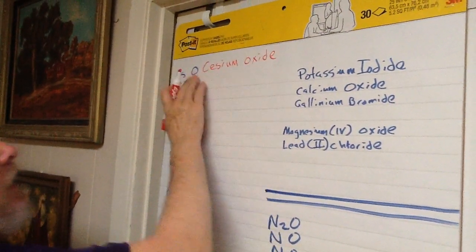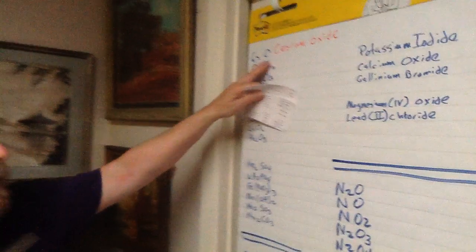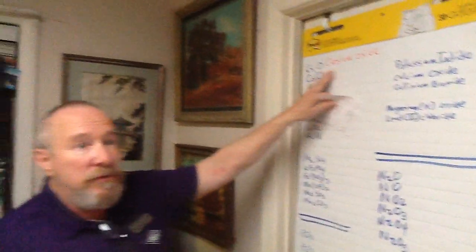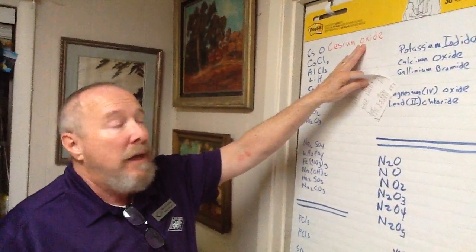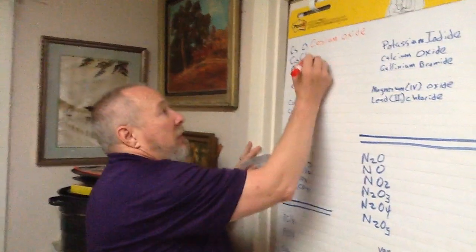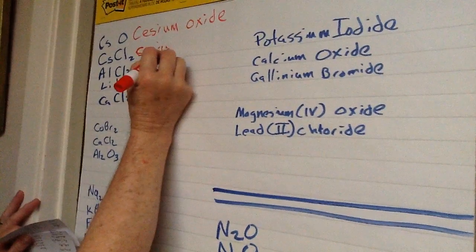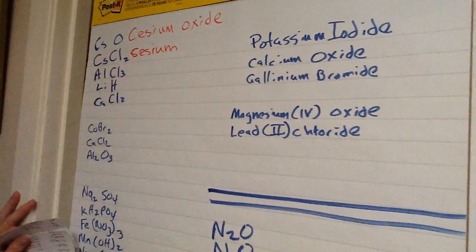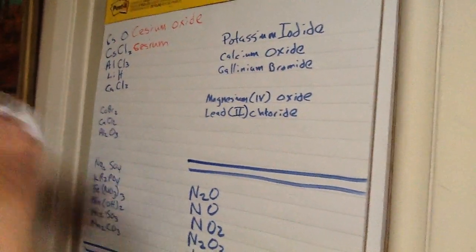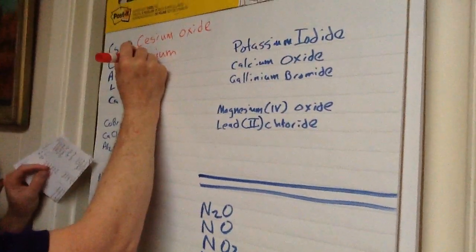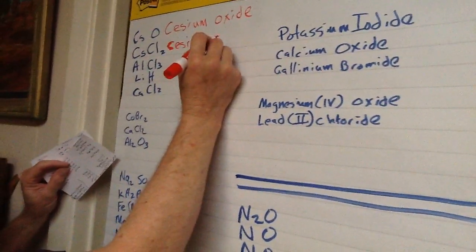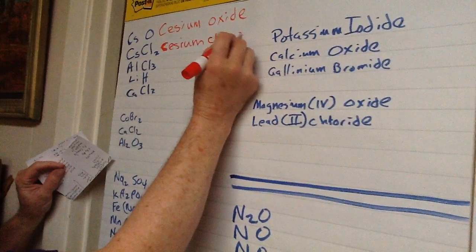I took the anion, O2-, and I changed oxygen to oxide. The next one is cesium chloride. I'll put my glasses on, so I won't make mistakes, even though I'm writing big.